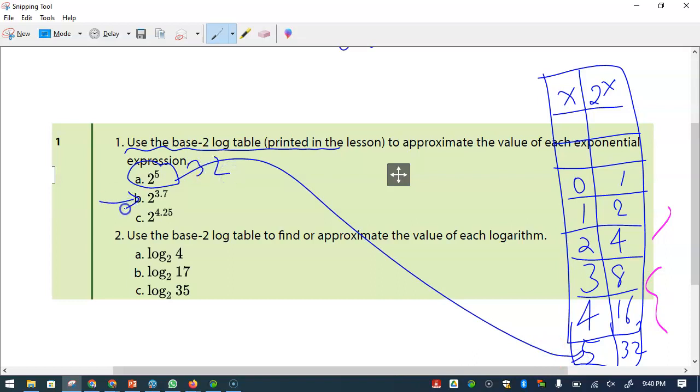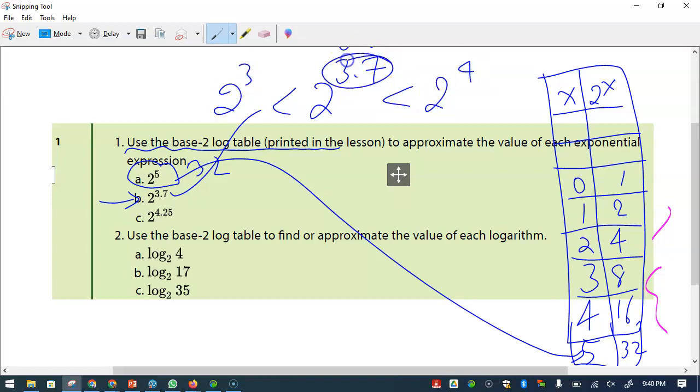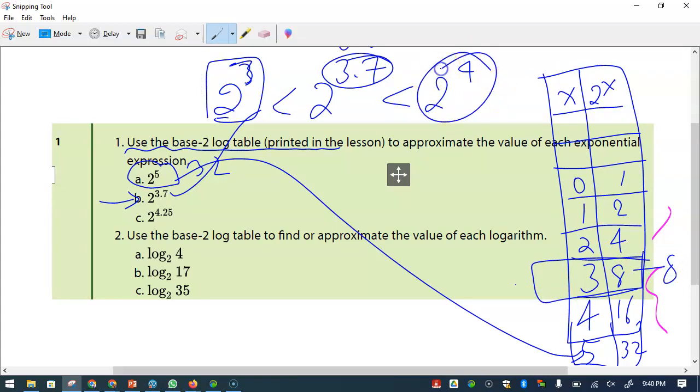What about this one? They gave us 2 raised to 3.7. Now this will be between 2 raised to 3 and 2 raised to 4 because 3.7 is between 3 and 4. So 2 raised to 3 is 8, and 2 raised to 4 is 16, right?